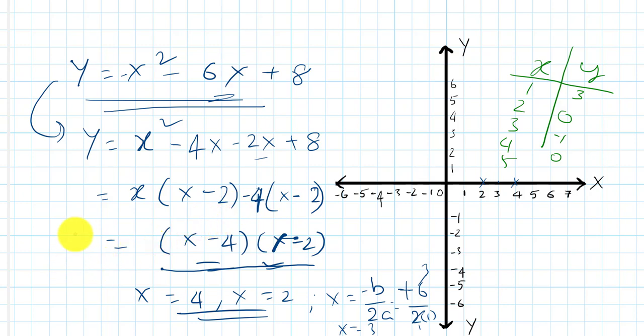If we keep 5 it will again be 3. So we can see that this is 3 and 3, 0 and 0, and minus 1. In this type we need to take the vertex point.